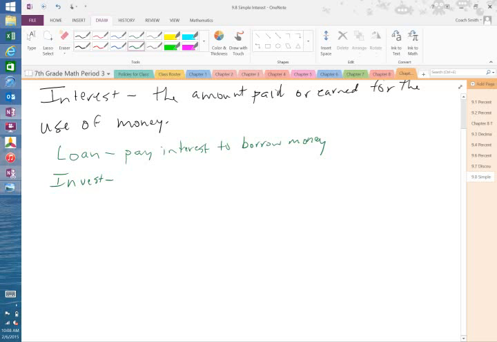The second type is when I invest money. In other words, I give the bank my money in a savings account, or in a certificate of deposit, or I give my money to a company by buying stock for them to use.